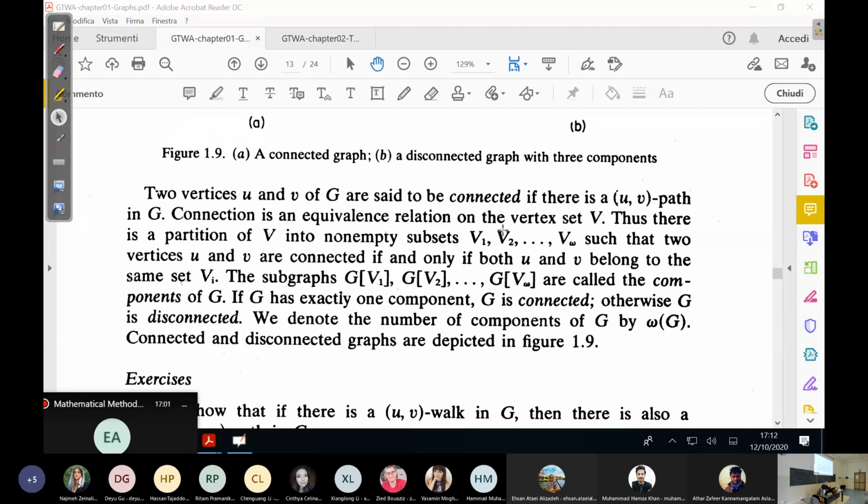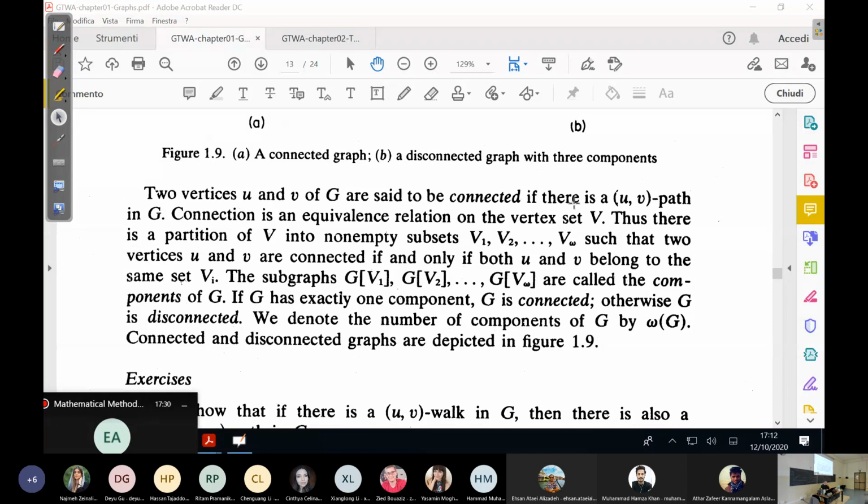Every equivalence relation produces what is called a partition of its set, meaning that if you take the equivalence class of each element, you get some subsets of the original set such that the union of all these sets is the whole set, and that they are mutually disjoint.